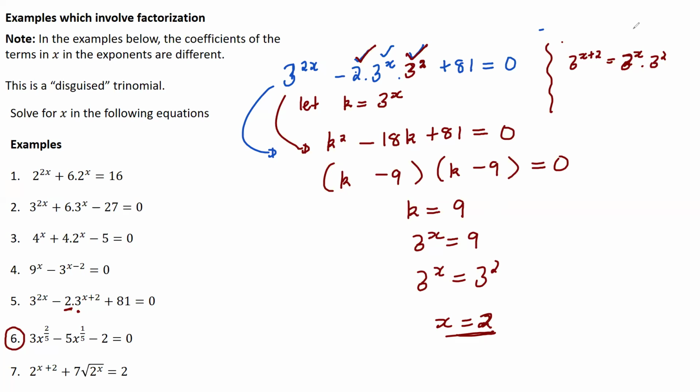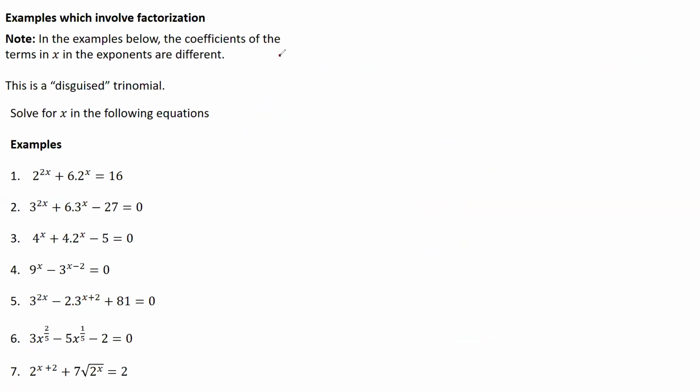Okay, I'm taking this out. Number 6 says 3 to the power x to the power 2 over 5, well, that's interesting, minus 5 to the power x to the power 1 over 5, then minus 2 is equal to 0. So I think the predicament is between those two, x to the power 2 over 5 and x to the power 1 over 5.